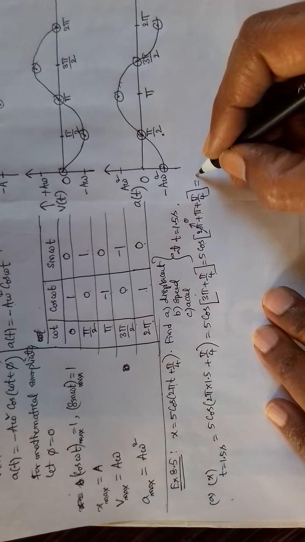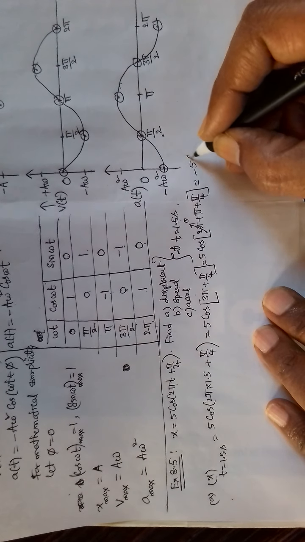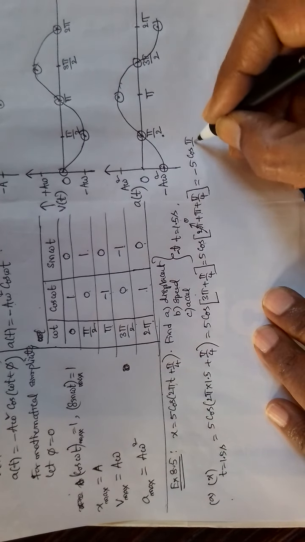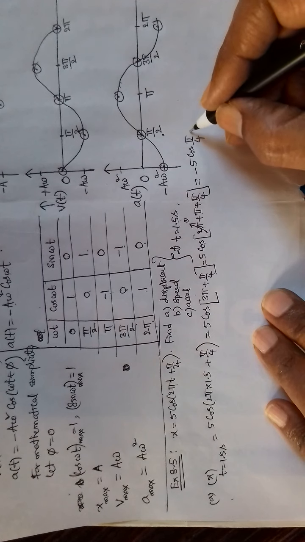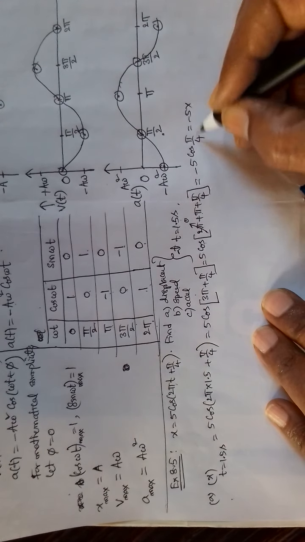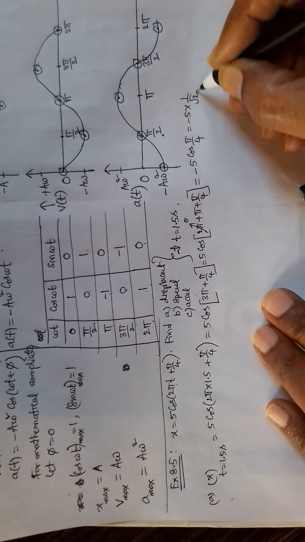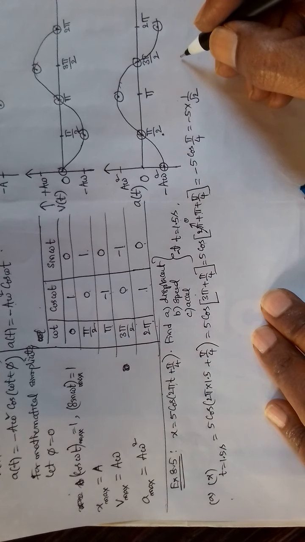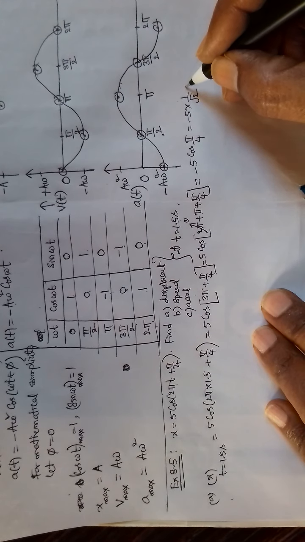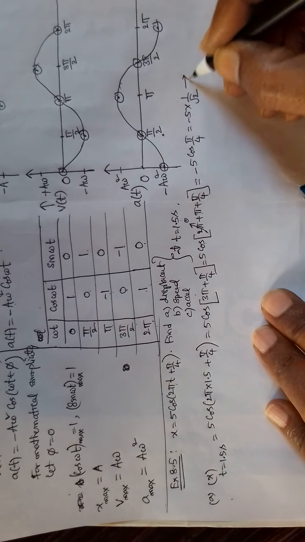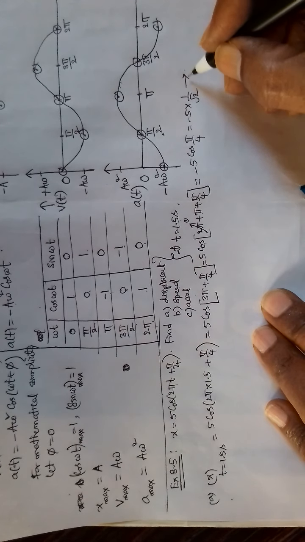Therefore, minus 5 cos pi by 4. And that is equal to minus 5 into 1 by root 2. So this is the answer in meters.